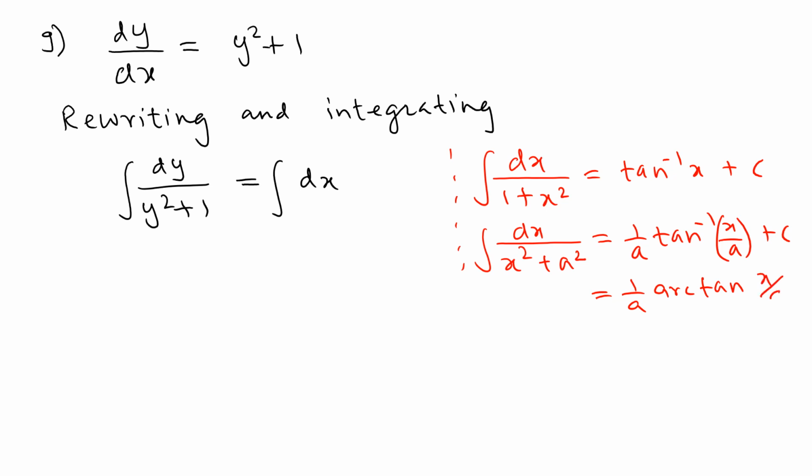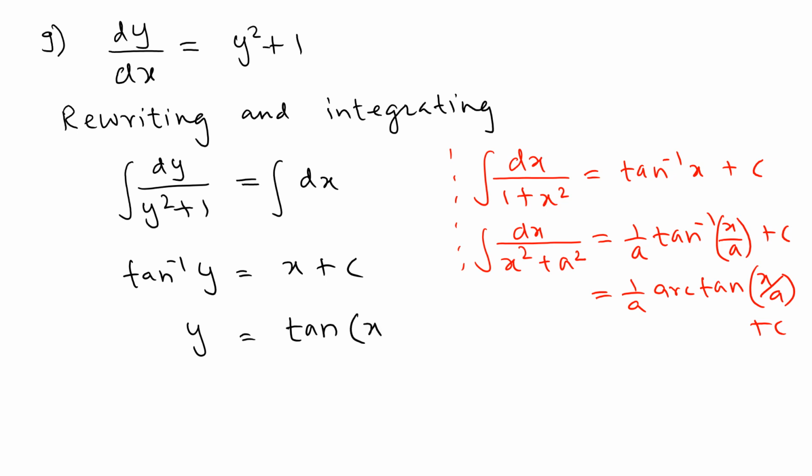It's the same thing, plus c. Because of that, this side is simply going to be tan inverse y. On the other side it is going to be x plus c. If you take the tan of both sides, you can write this as y equal tan of x plus c. So that's what you get. Let's look at the next problem.